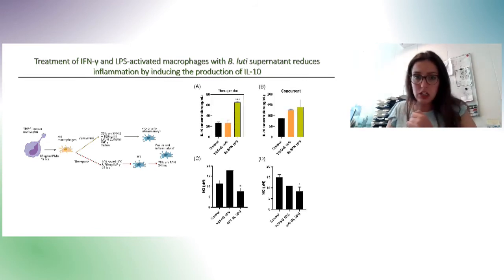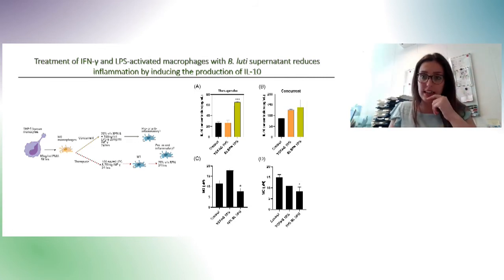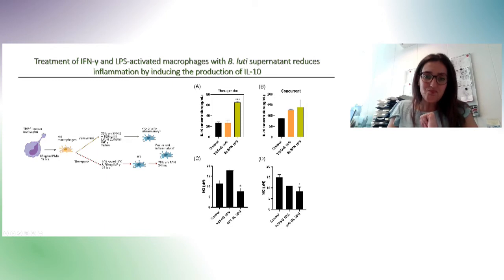As you can see here, we had quite interesting results, especially with the therapeutic approach. We measured, as I mentioned, a panel of cytokines, but we only saw significant differences with IL-10, and that's the reason why I'm showing it here.